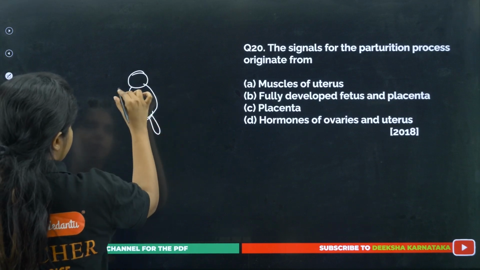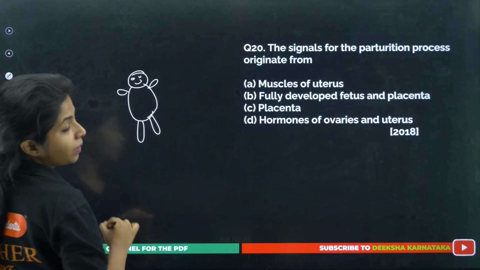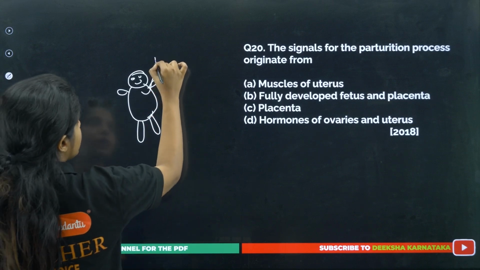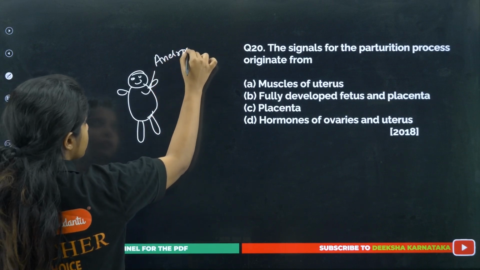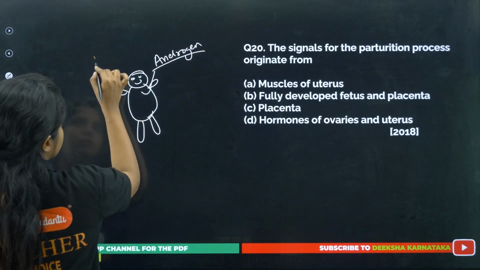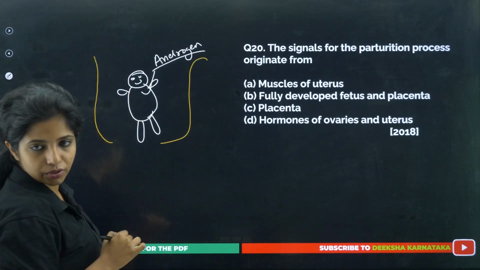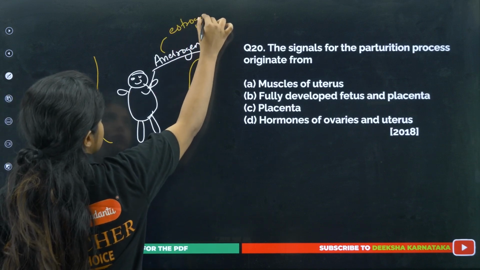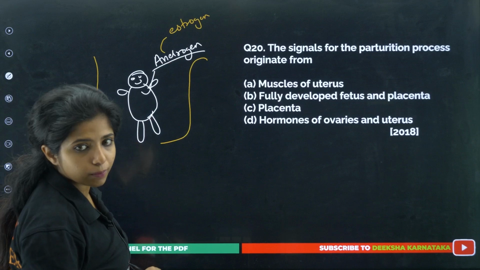The baby, irrespective of its gender, will be releasing a hormone known as androgen, which is actually a male hormone. This androgen will be converting into estrogen in the uterus.